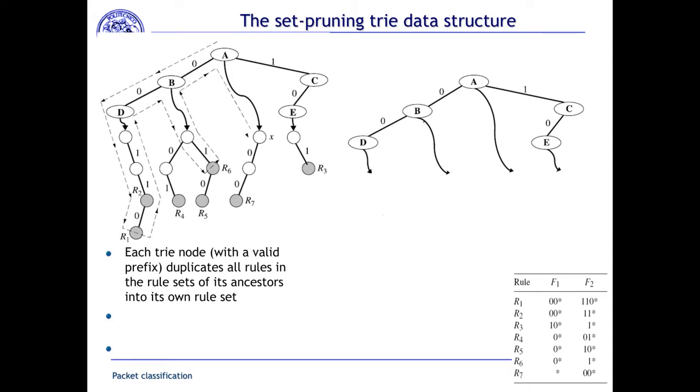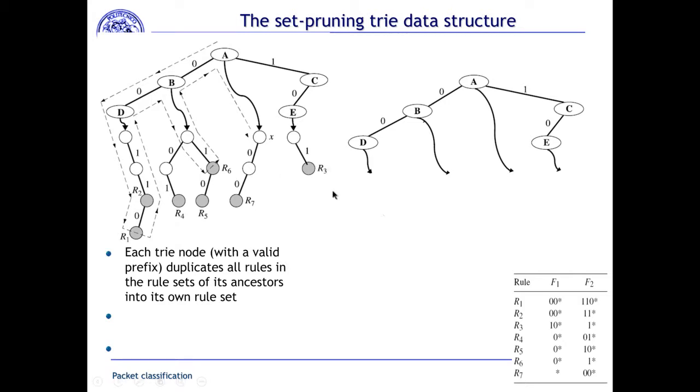Okay. So let's briefly review set pruning, since last time it was very quick. When we want to gain in terms of lookup classification speed, we can adopt this technique. You start with the complete hierarchical trie, the one we have already seen on the left side.